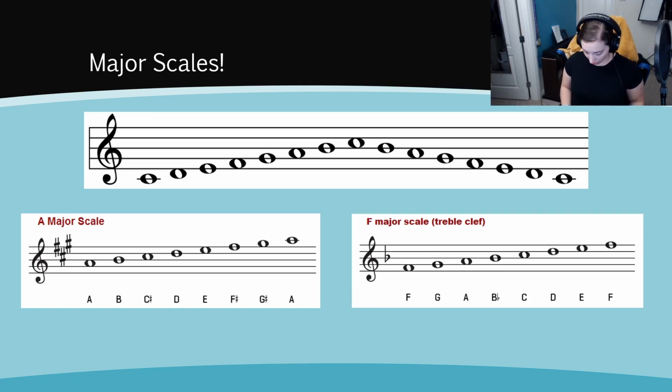Okay, so I will show here. The C sharp is a black key, right? Then we have F sharp and G sharp, which are also black keys. So those are the three sharps: the C sharp, the F sharp, and the G sharp.